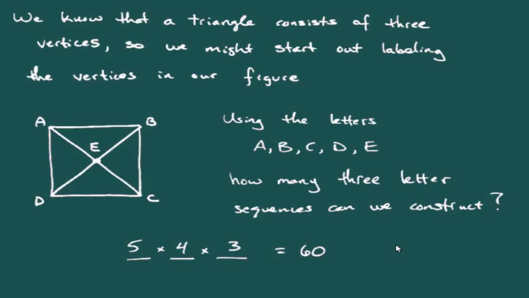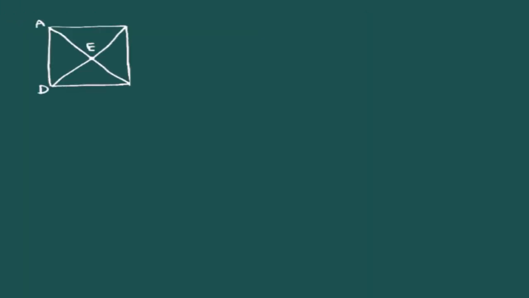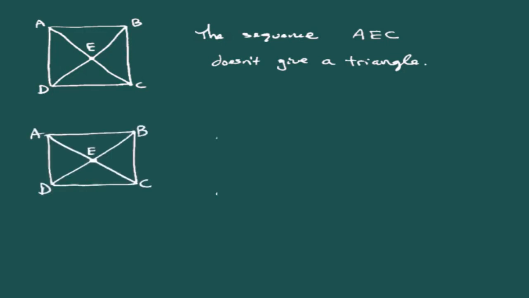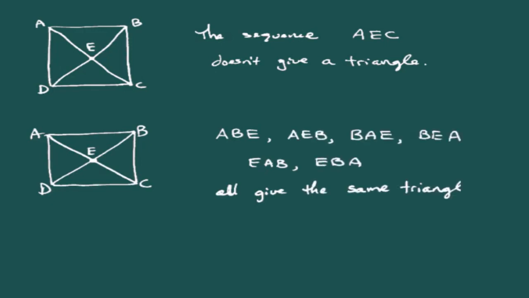Now, not every single one of those sequences is going to give us a triangle. For instance, if we look at just the sequence along one of the diagonals, AEC, that gives us a straight line, not a triangle. And by that same token, if we do take a triangle, there are a whole lot of different sequences that correspond to the same triangle.